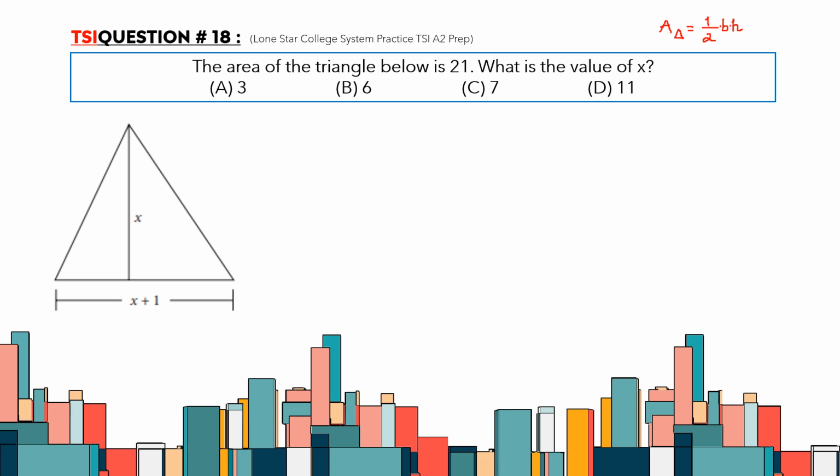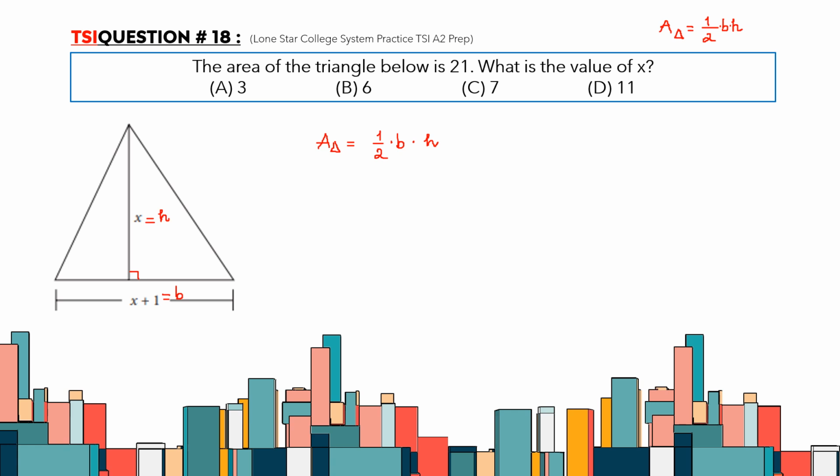So as we see, the height will be perpendicular to the base. So the height will be h equal x, and x plus 1 here will be the base, b. Now plug in. The area of the triangle will be 1/2 of the base times the height.